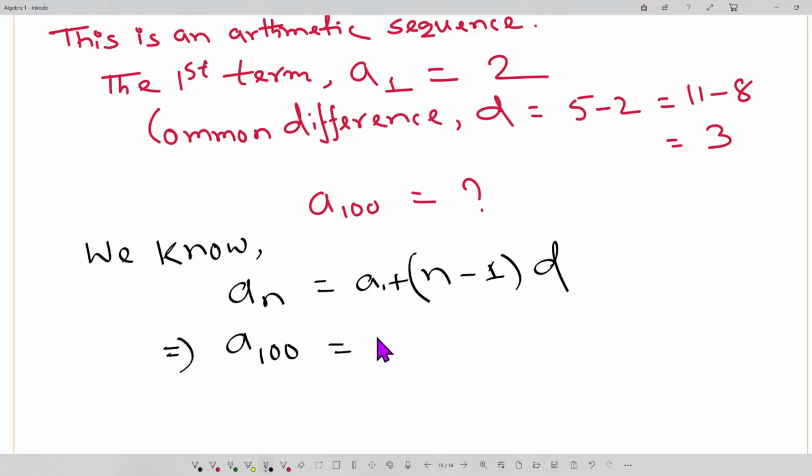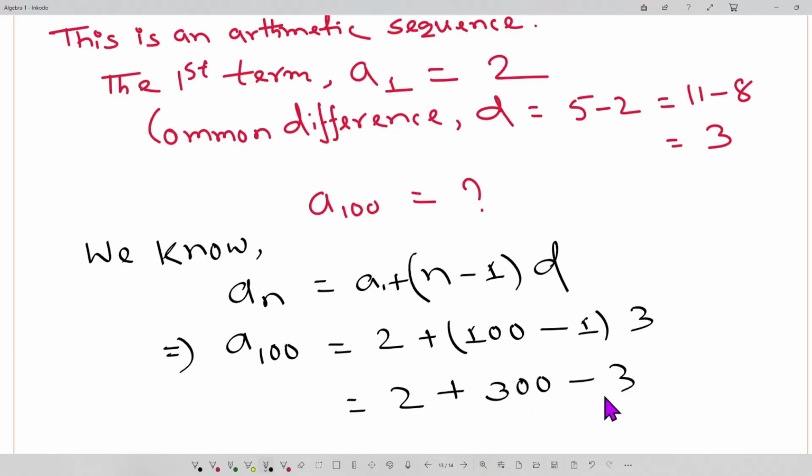First term is 2 plus n is 100 minus 1, d is 3. Then 2 plus 300 minus 3. So here is 300, and here 2 minus 3 is minus 1. So our answer is 299. Okay, it's a very simple thing.